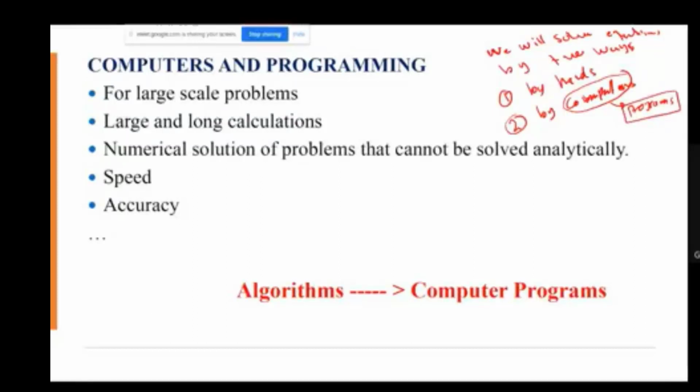What programs? We will use MATLAB and sometimes Excel. Okay?